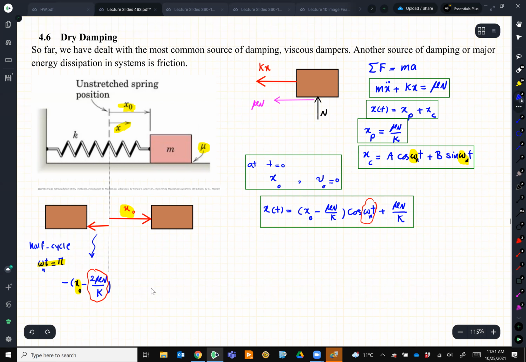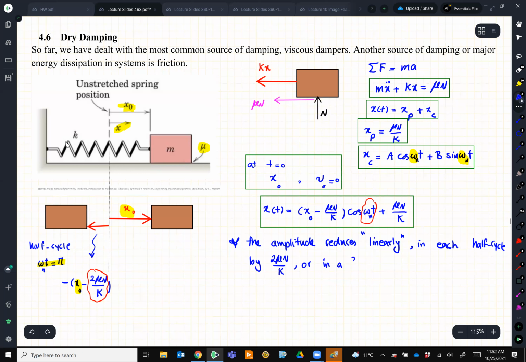So I'm going to write down here: the amplitude reduces linearly in each half cycle by 2 mu n divided by k, or in a full cycle by 4 mu n divided by k.